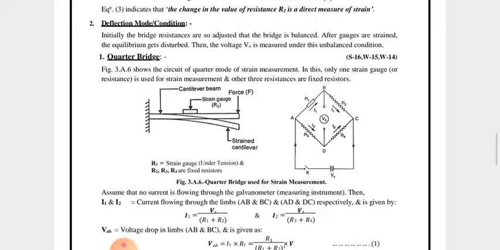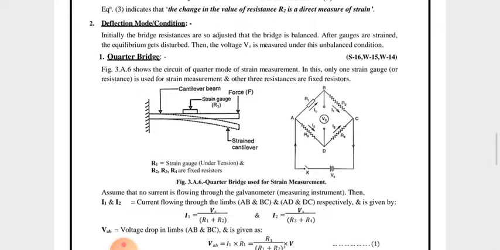As a downward force is applied on the end of the cantilever beam, a stress acts on the beam, and that will be balanced by an equivalent opposite force, which will balance the Wheatstone-Bridge circuit. For that we have to derive the relation.